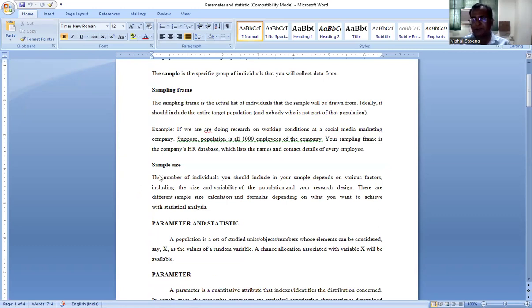So sample size means the size of the sample that is selected from the population for analysis.